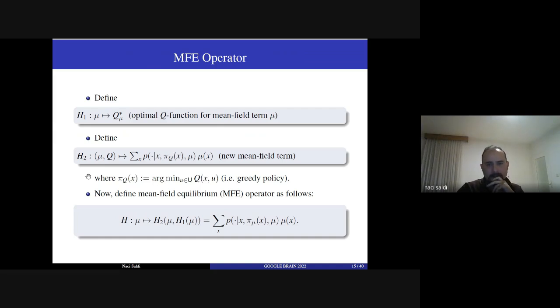If we compose these two operators, H1 and H2, we obtain the mean field equilibrium operator. So it has the following description. Given any mu, we first compute the optimal Q function, and then using mu and this optimal Q function, we generate our new mean field term.